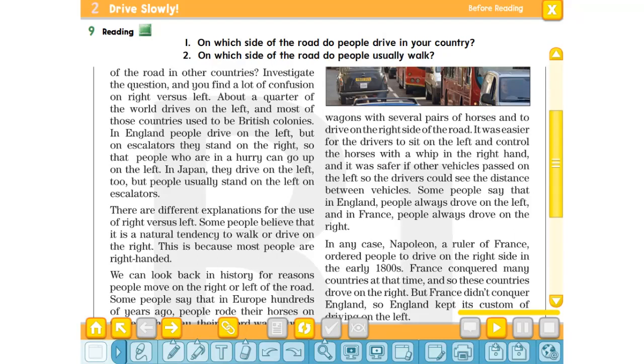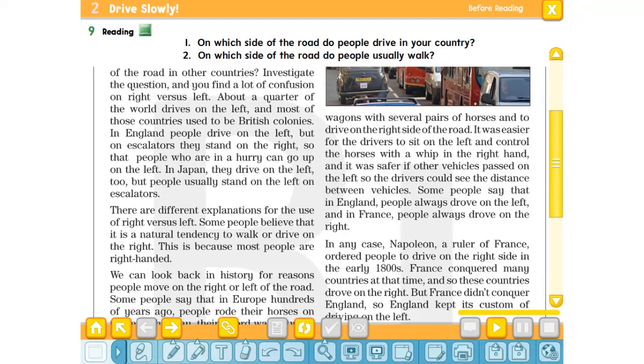Hi, sir. Can you read? There are different explanations of right versus left.